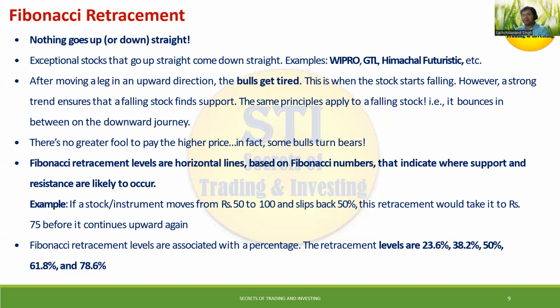Let me give a first example of an uptrending market. When a stock price moves a certain level up, the bulls, the market forces taking the price up, get tired after some time. In that situation, the upward movement takes some rest, and that is the time period where the price falls back a while, not completely.